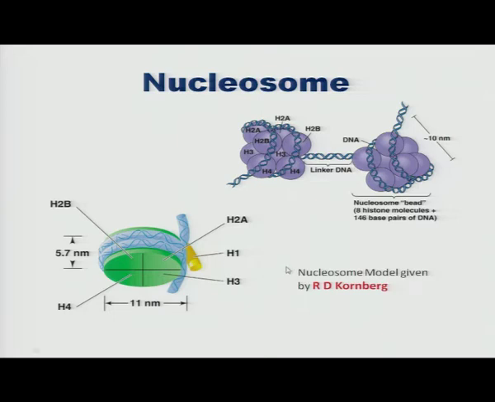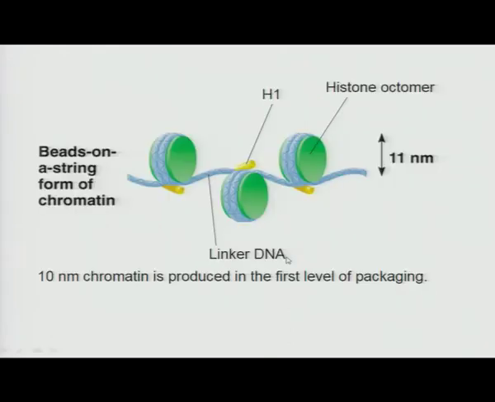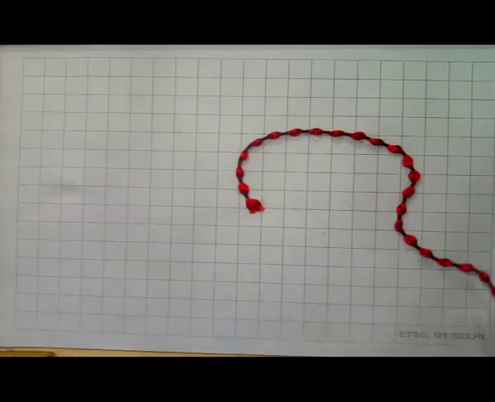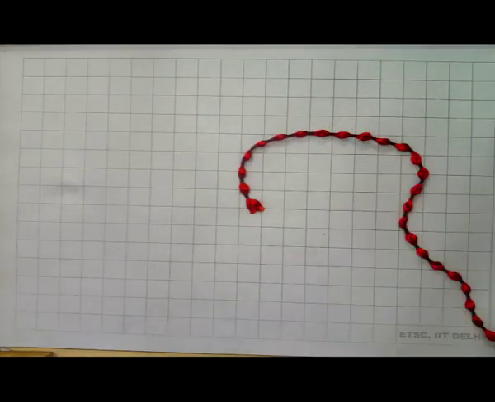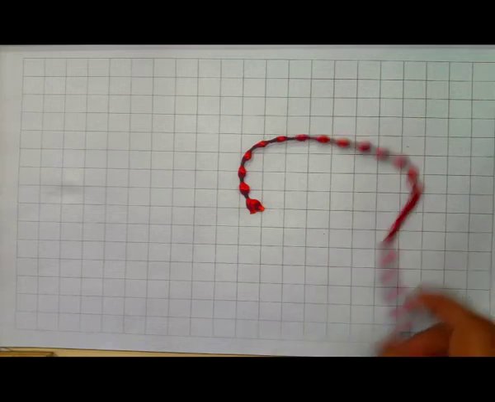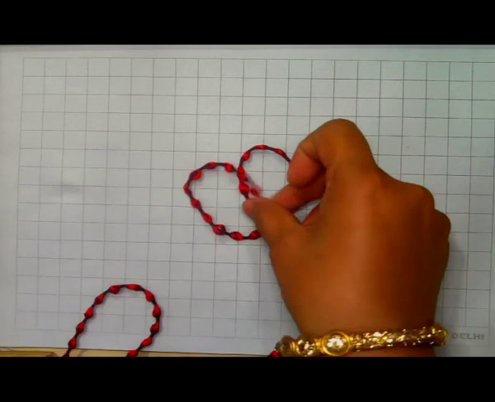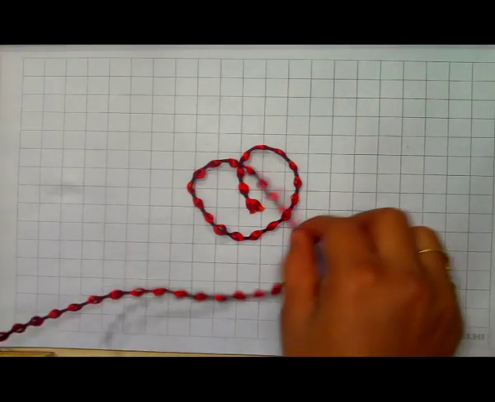So, if we see the arrangement of the nucleosomes in the nucleus, you can see the bead-like structure on the DNA, in the chromosome, because of the presence of nucleosomes. These bead-like structures we can consider as nucleosomes, and because of the H1 protein they get further coiled to form the 30 nanometer chromatin fiber.